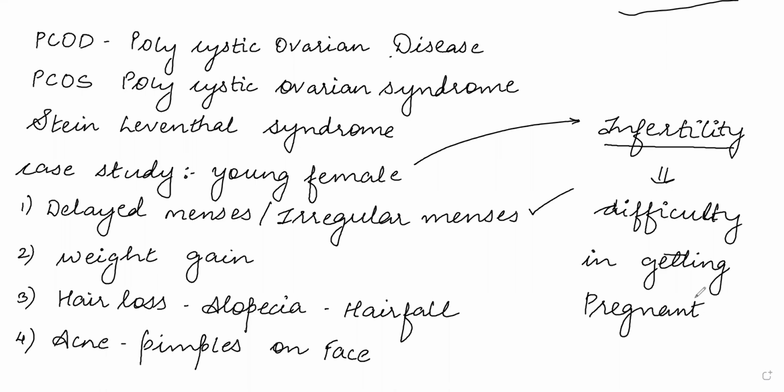So we are talking about a case wherein any young female complains of irregular periods associated with weight gain or with hair loss and pimples, and in future complaining of infertility. So this group of symptomatology fits into PCOD, that is polycystic ovarian disease.